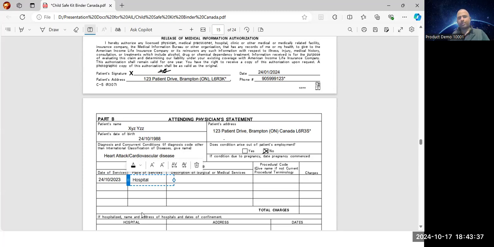When we talk about services, we're talking about services like a CT scan, X-ray, collection of blood report, urine sample, so on and so forth. So you have a hospital in here. Description of surgical or medical service: let's say this is a CT scan, or an X-ray. Your procedural code is 71260, this is with contrast.